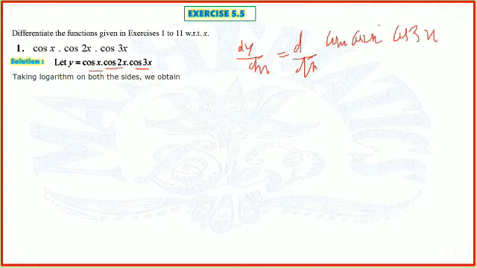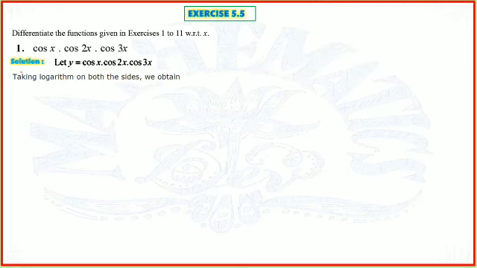So you can take these two as the first function and this as the second function, then apply the product rule of derivative. That is also a simple thing, but log is simpler. So, taking log on both sides, log y is equal to log of the product.